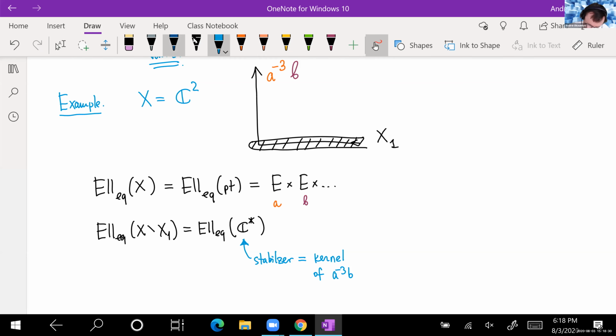So the stabilizer, if I have my elliptic, maybe let's assume we have only two variables. So this is like one elliptic curve, another elliptic curve with coordinates.